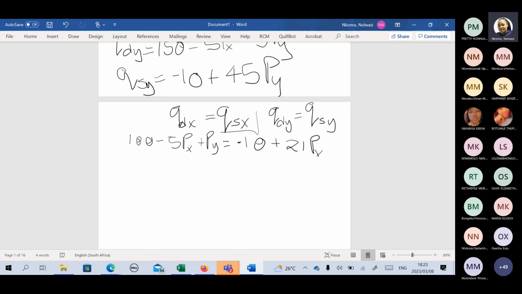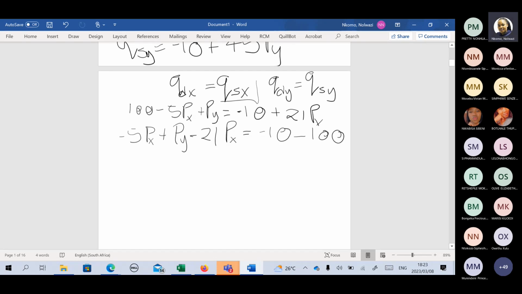And if I do that, I will have minus 5px plus py minus 21px equals minus 10 minus 100, right? And then we collect the like terms now. We have this term with px and this one, so we can just add these two, right?